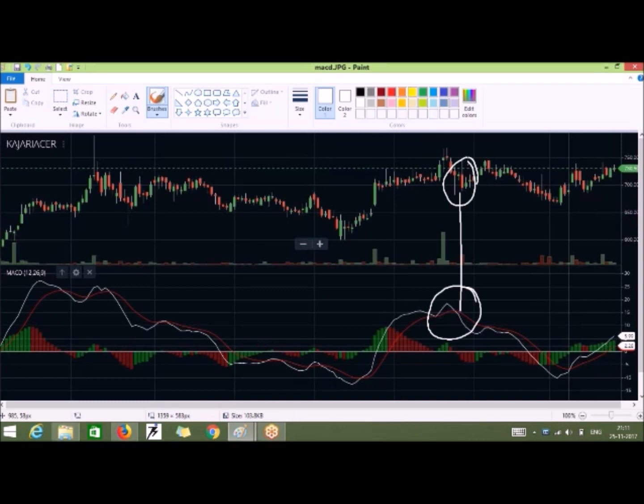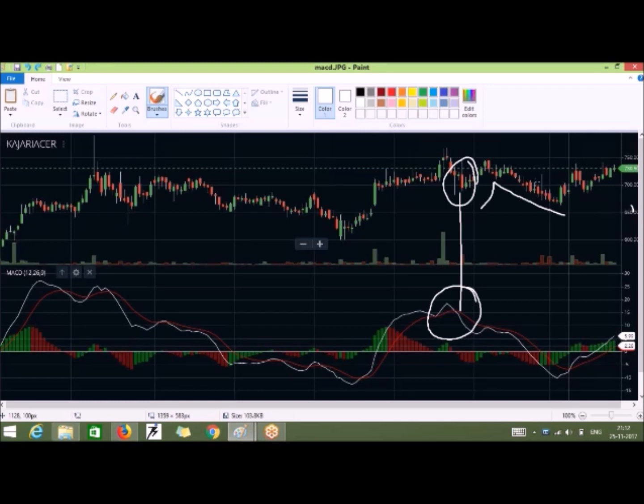It suggested a sell from here, but almost a 30-point movement was already given, and again it came back to this level. So a few traders might have panicked in this area and hit their stop loss. So this is where it comes into consideration that you cannot trade using a single indicator.